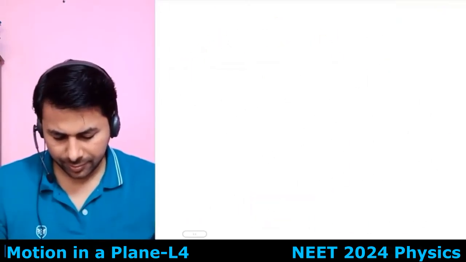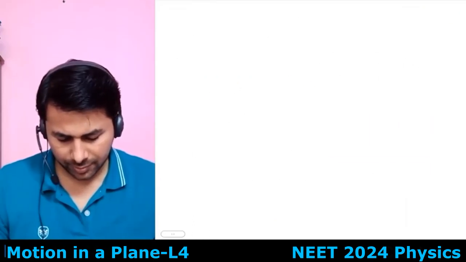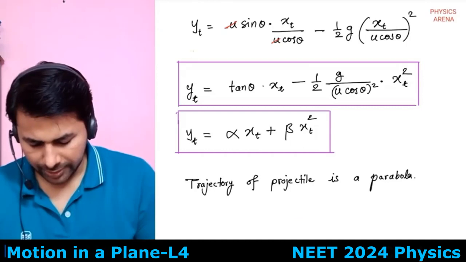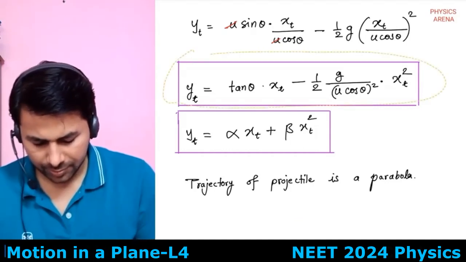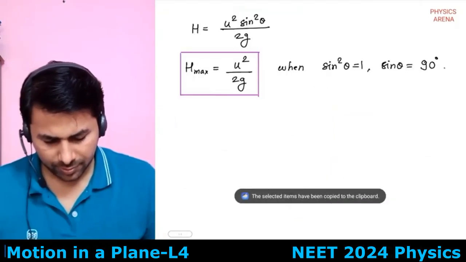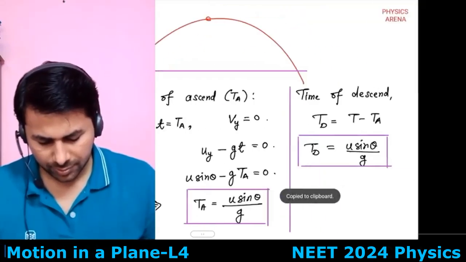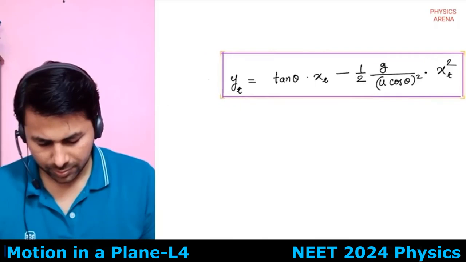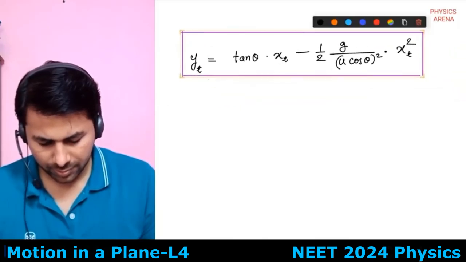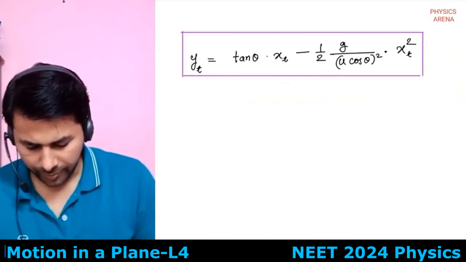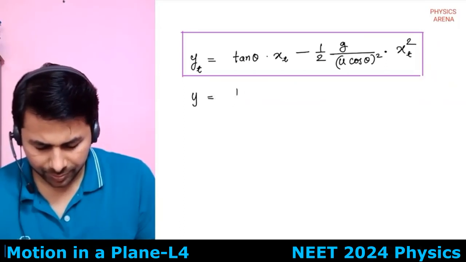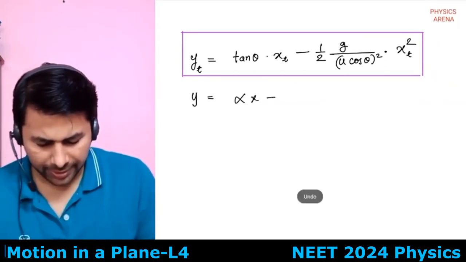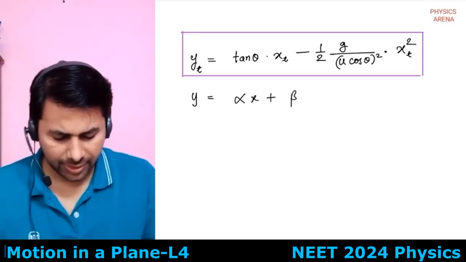And then suppose you have this equation: y is equal to, let's suppose, alpha times x plus beta times x square.